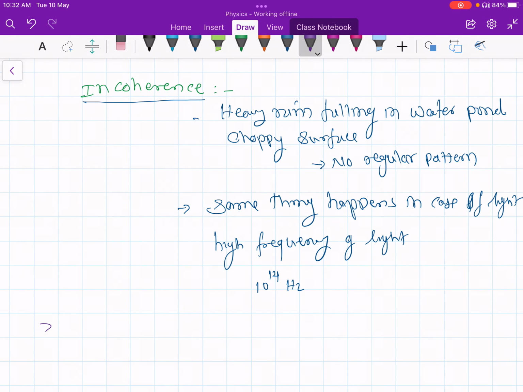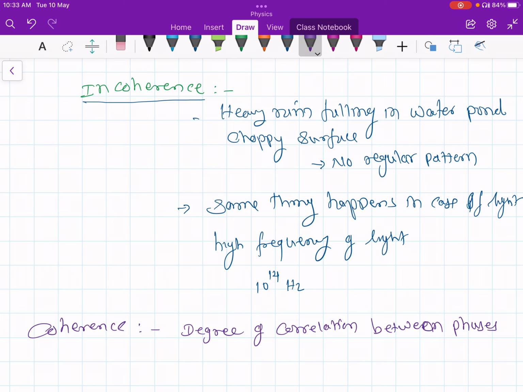Then what is coherence? Coherence is the degree of correlation between phases at different points and different times. Coherence is nothing but a degree of correlation between phases at different times and at different locations.